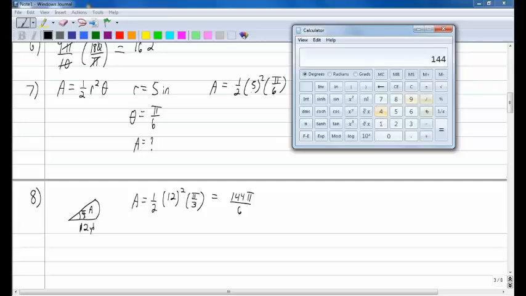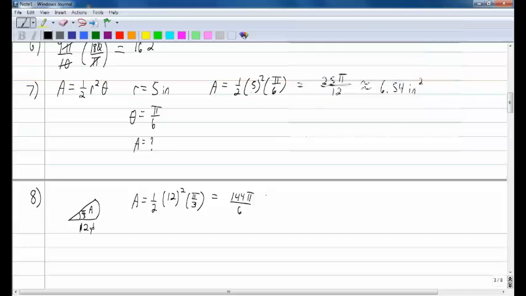So 144 times pi divided by 6. So to 3 decimal places, this is going to be 75 point. Alright, there's the third decimal place. Look after it's a 2. So 75.398. That was yards, so this will be square yards.